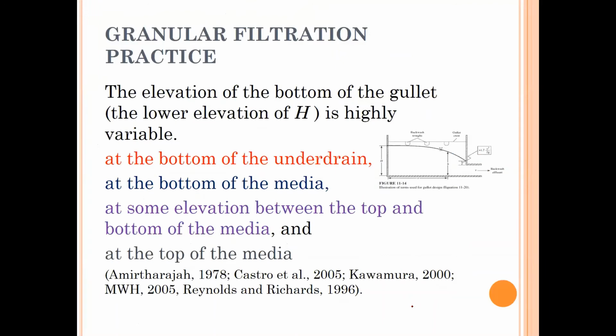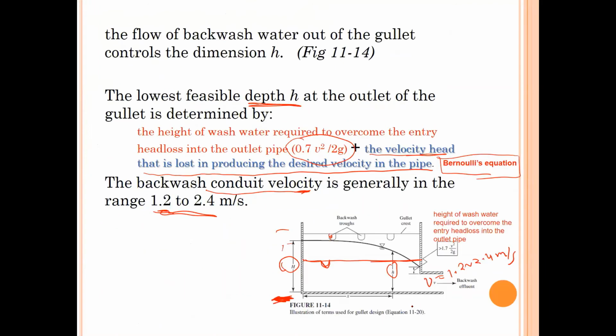And this criteria we set, and we discuss how to find lower h, which depends on entry head loss and the velocity head to produce the desired velocity in the pipe.